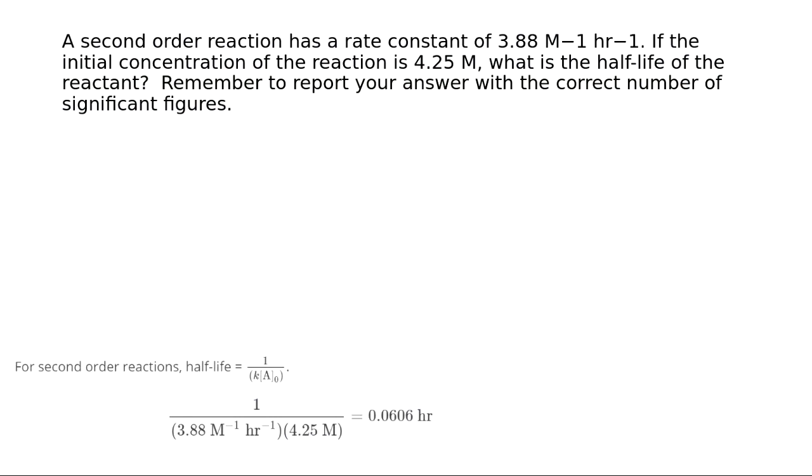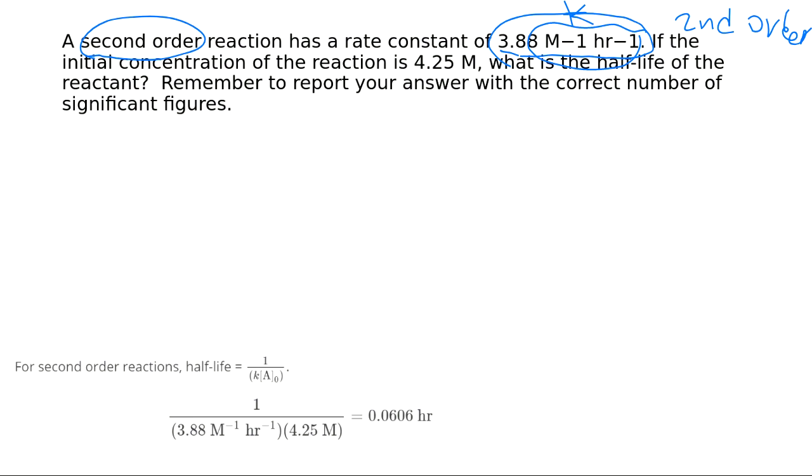The rate constant is per mole per hour. So if the unit for the rate constant K is per mole per hour, you need to know this is second order. Oh, it tells you it's second order. But based on the unit for K, you should find out this is second order.